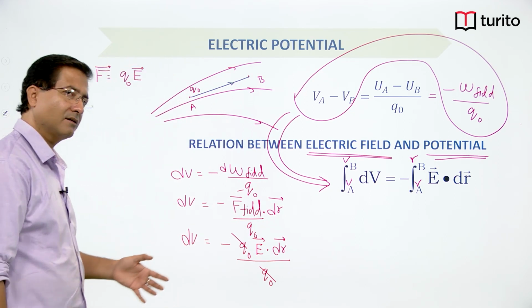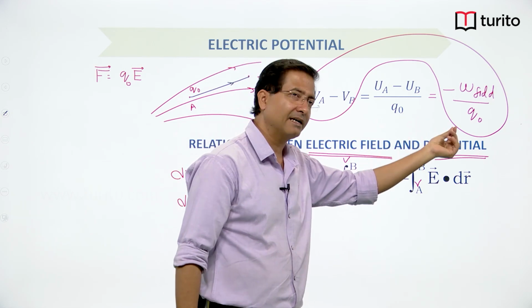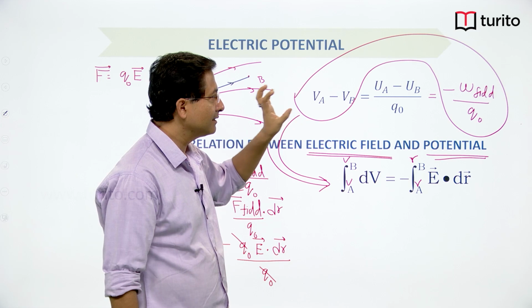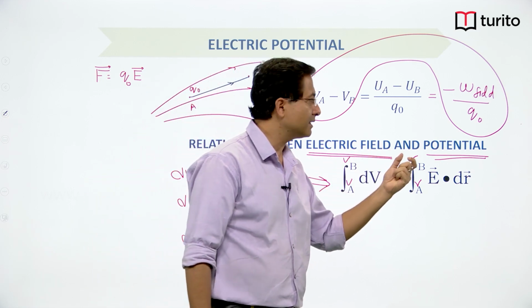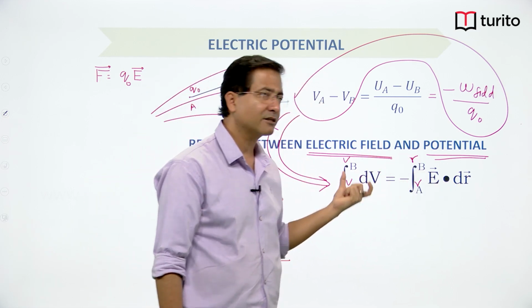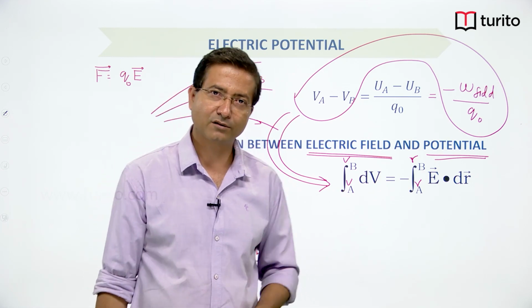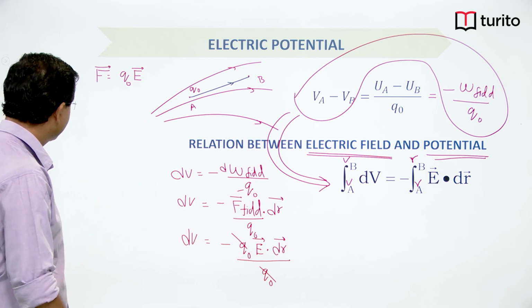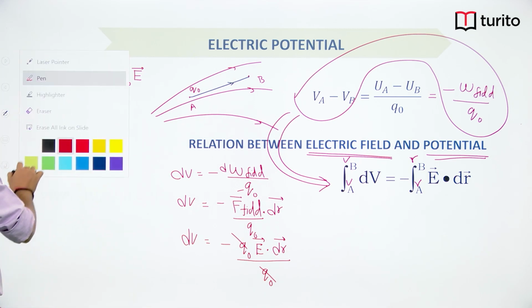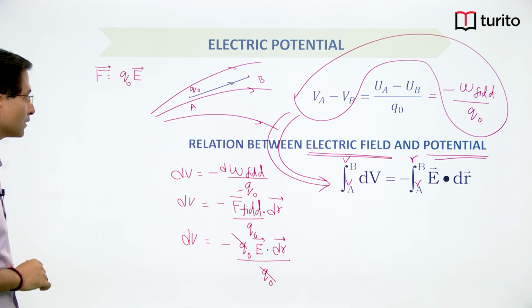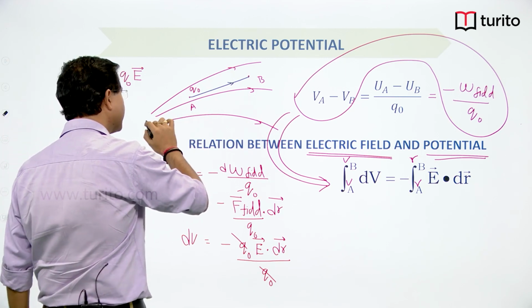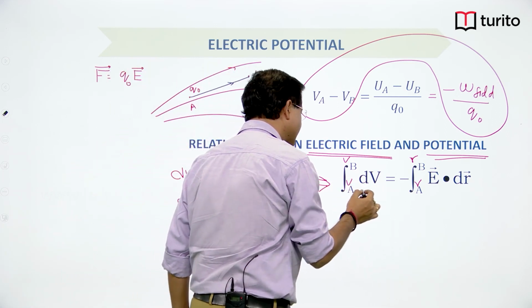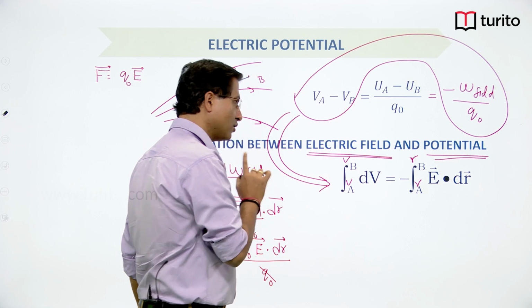You can use this basic definition anytime to find the potential difference, but in the situation where field itself is given, this is a better expression to get the potential difference, right. So, I will erase all this. So, basic definition of potential difference is clear, right. I am writing difference here, potential difference, not potential.